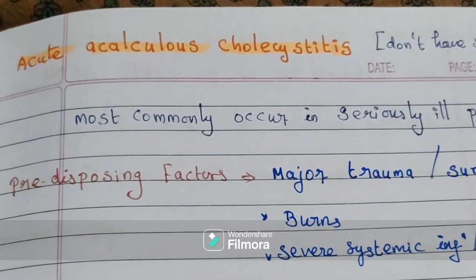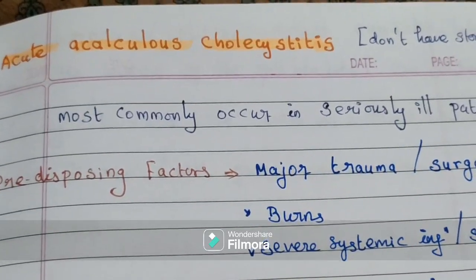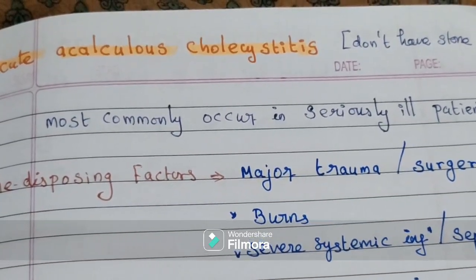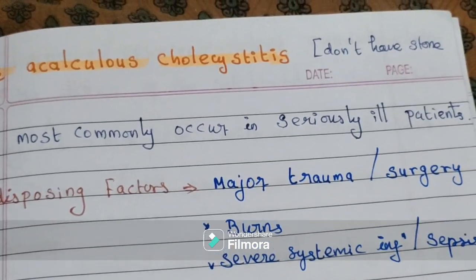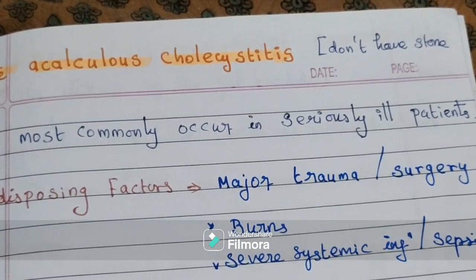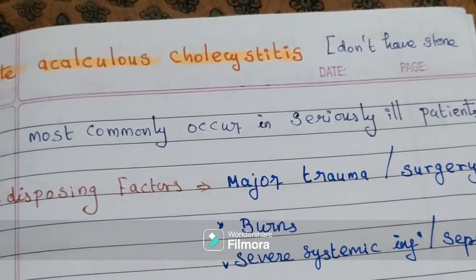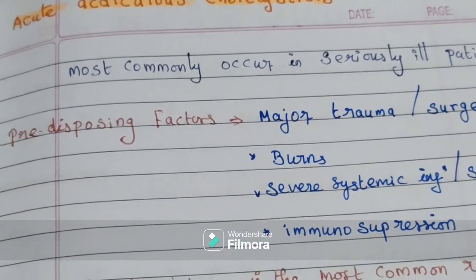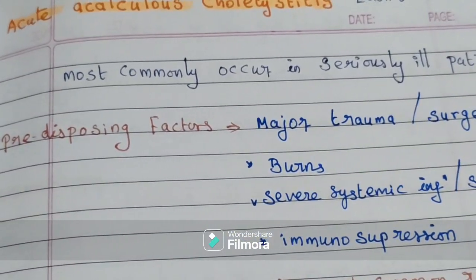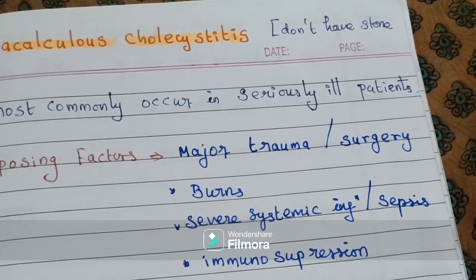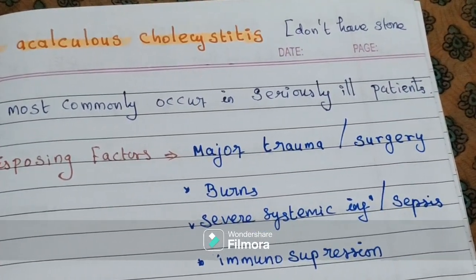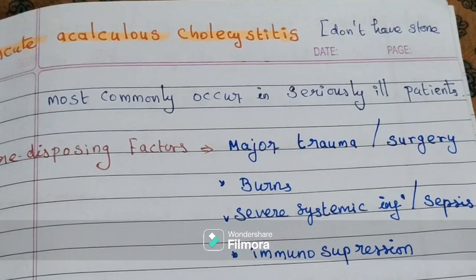Why will there be inflammation in acute acalculous cholecystitis? When you don't have a stone, what is the mechanism? This type of cholecystitis most commonly occurs in very seriously ill patients.